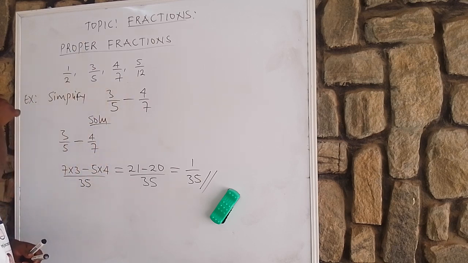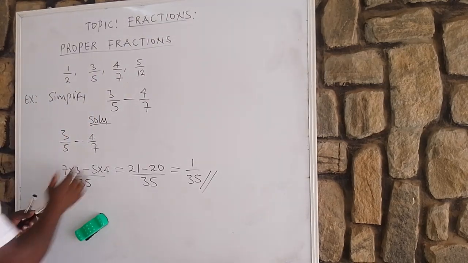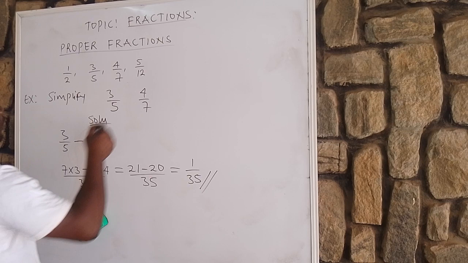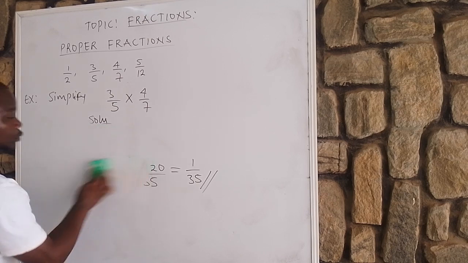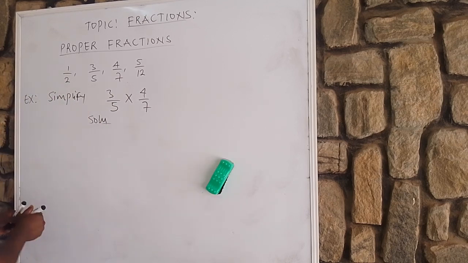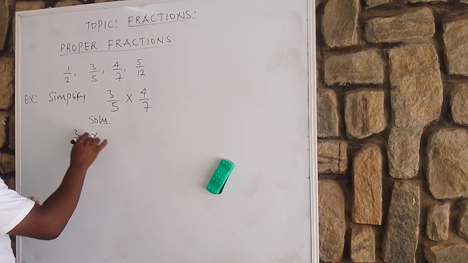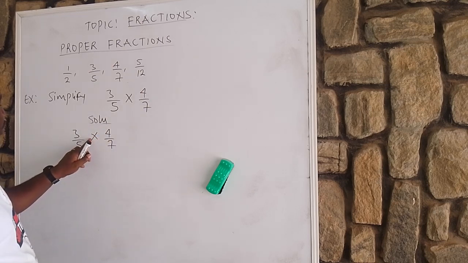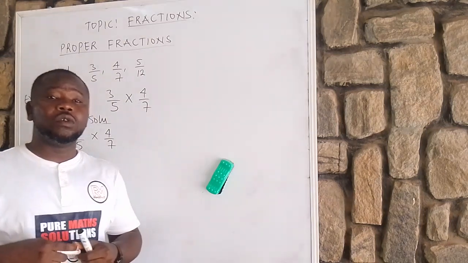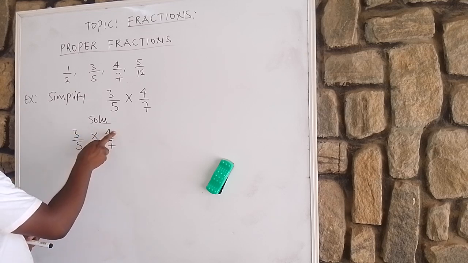What if it is multiplication? Let's change this one to multiplication. If it is multiplication, 3 all over 5 times 4 all over 7. If it is multiplication in between them, you don't need to look for the LCM. What you need to do, this is numerator, this is numerator, two of us.